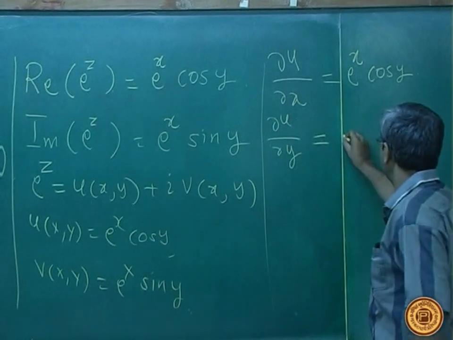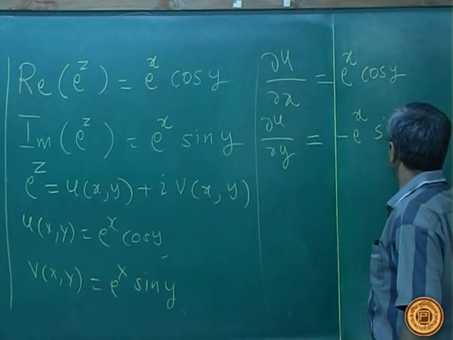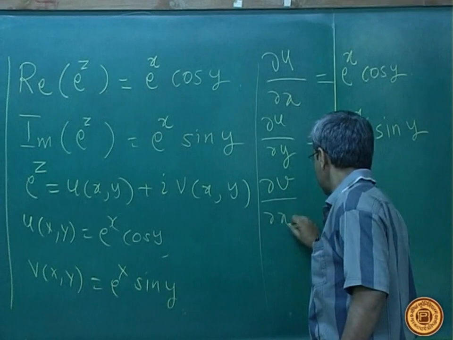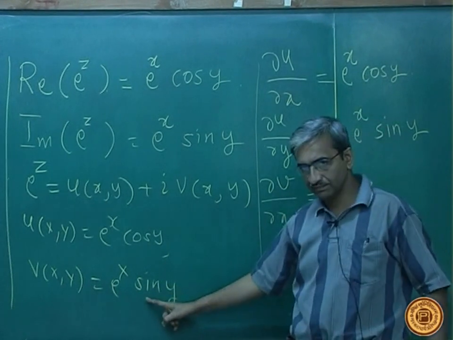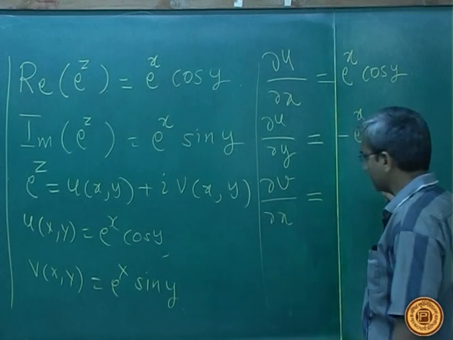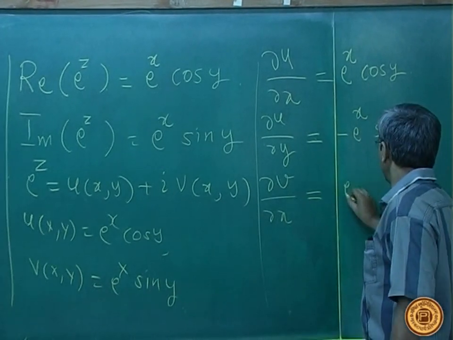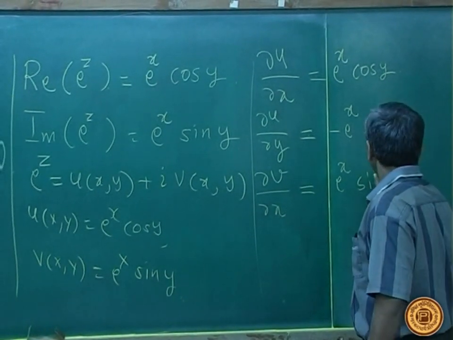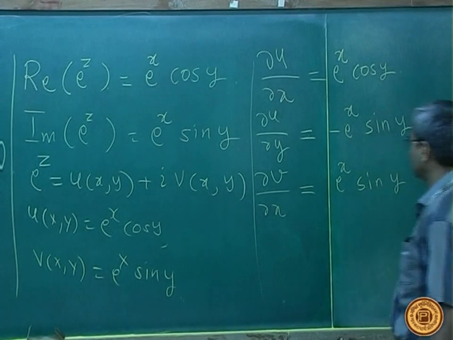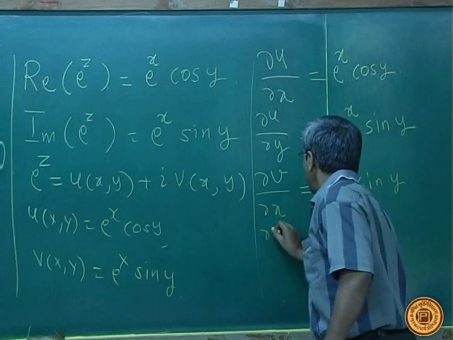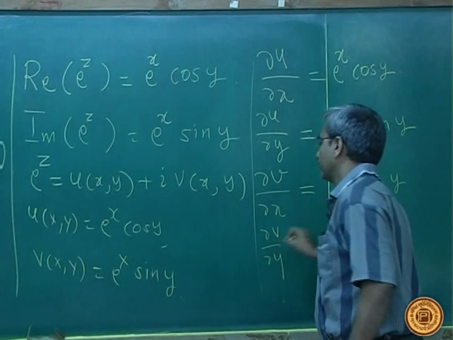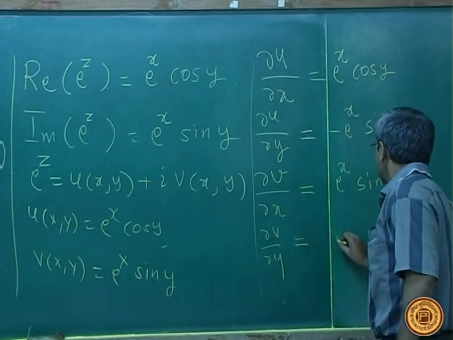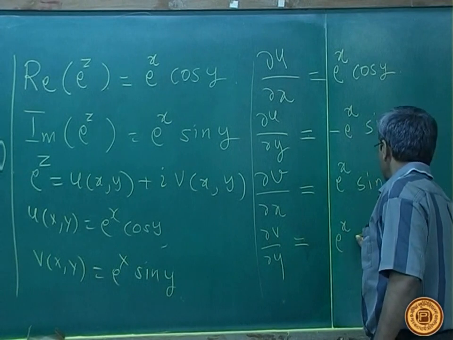Minus e to the power x sin y. ∂v/∂x, this is v, so ∂v/∂x is e to the power x sin y. And ∂v/∂y, this is v, so the partial derivative with respect to y is e to the power x cos y.